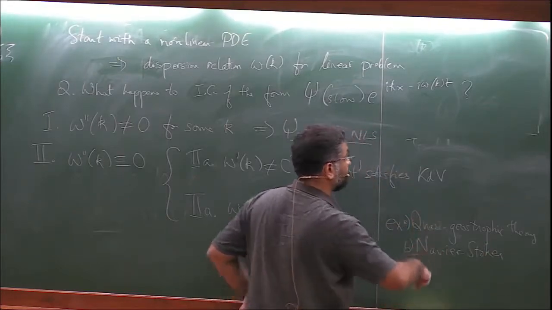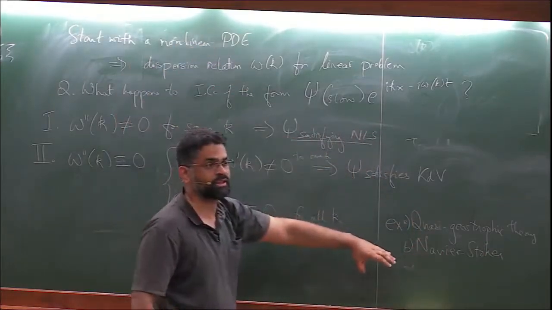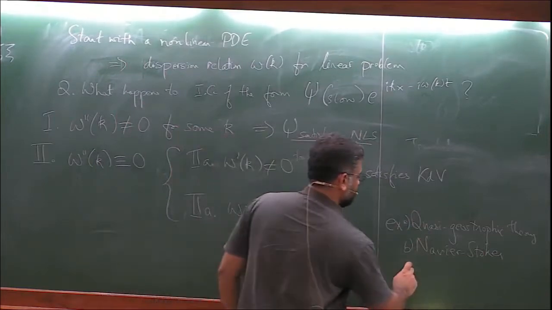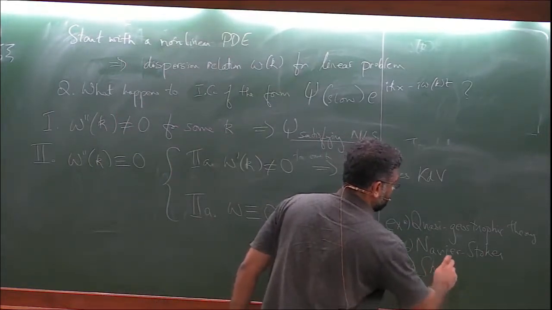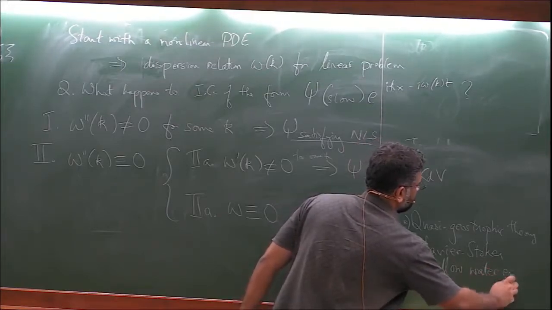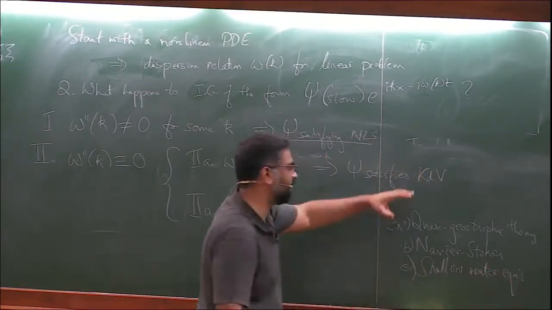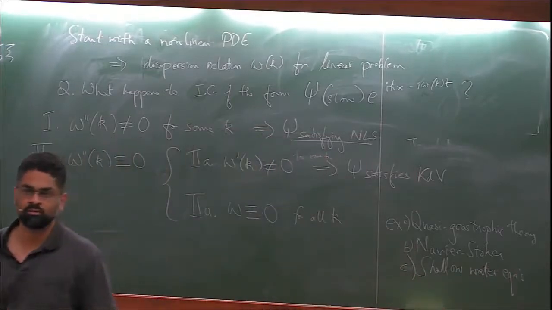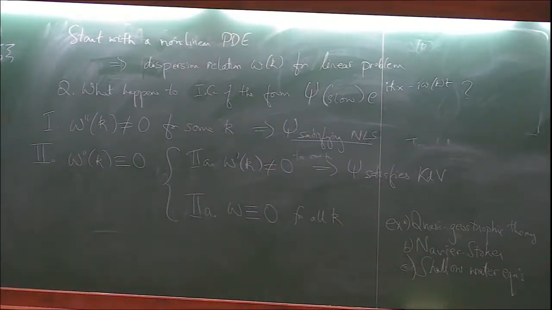So these are the base problems where this phenomenology is seen. Also shallow water equations. Really, you get quasi-geostrophy from shallow water. So those are the three possibilities that you can get.